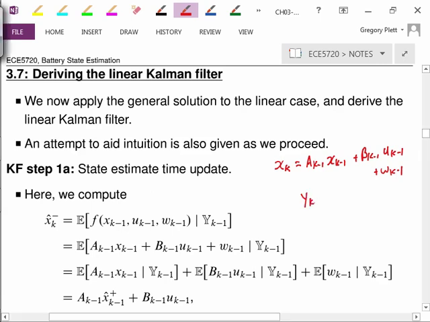And then we have the output y_k equals C_k x_k plus D_k u_k plus v_k, and v_k is a sensor noise that does not influence the state.